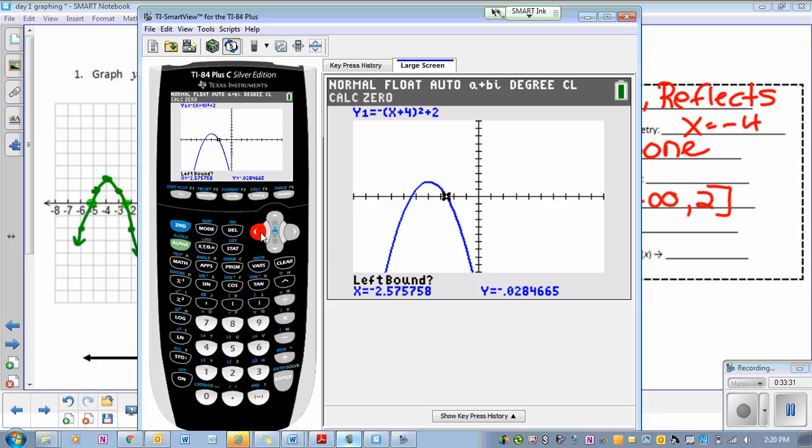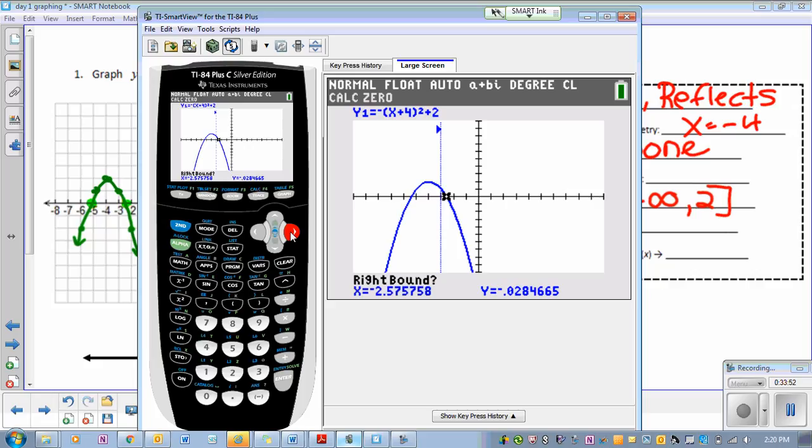All right, your calculator says left, so hit the left arrow 1, 2, 3. Hit enter. You can do 3 or 4. Then go back to your starting point, and your calculator says right.